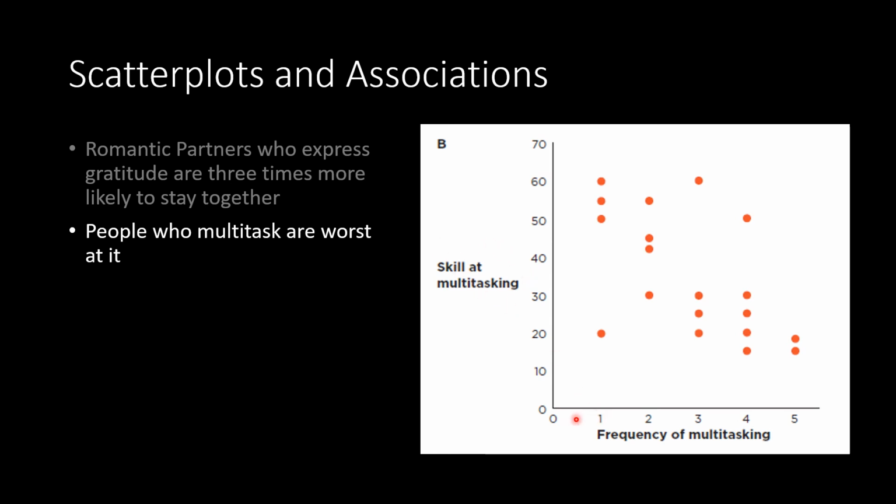Now, here what we're seeing is as people tend to multitask more and more, their skill at multitasking tends to decrease, and vice versa. As people have higher and higher skill with multitasking, they tend to multitask less and less. So here would be an example of a negative association, because as one variable increases, the other variable tends to decrease.